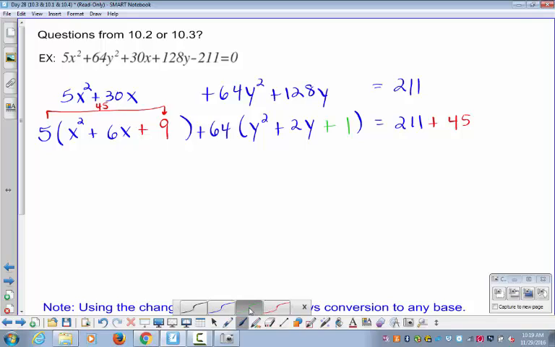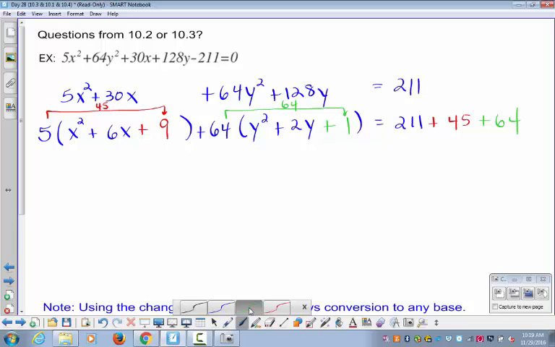So not just 9. Similarly, with the 1 that we added, we didn't really add just 1 to the left. If you distribute the 64 back, you realize we really added 64. So on the right-hand side, to keep the balance, we have to add 64.